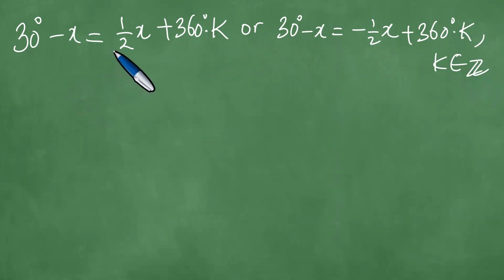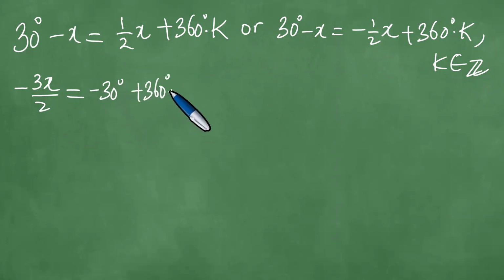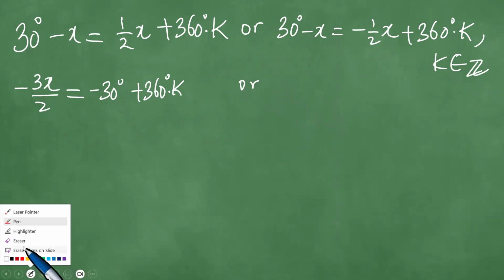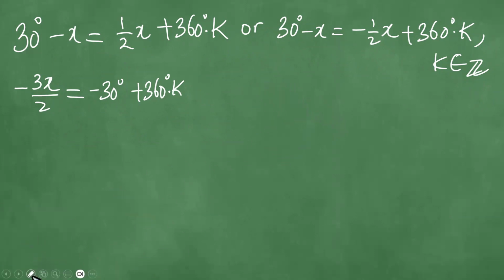And now the half x can be transferred to the other side, to the left, giving us minus 3x over 2 is equal to minus 30 degrees plus 360 degrees times k, or, now you also have, let's just draw a vertical line here to separate.